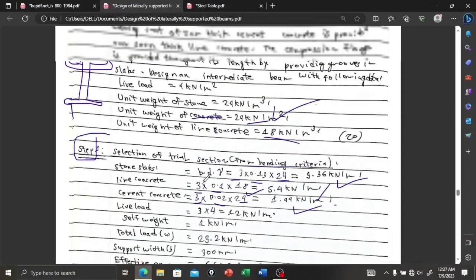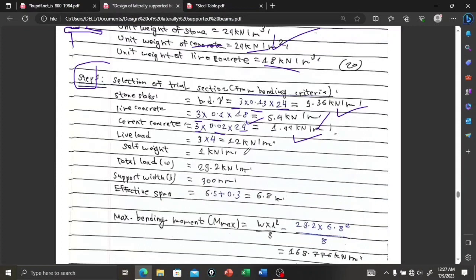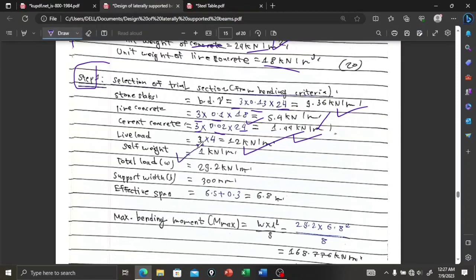Live load is 4 kN per meter square, so 4 into 3, 12 kN per meter. Self weight we assume 1 kN per meter, so 9.36 plus 5.4 plus 1.44 plus 12 plus 1 is 29.2 kN per meter.